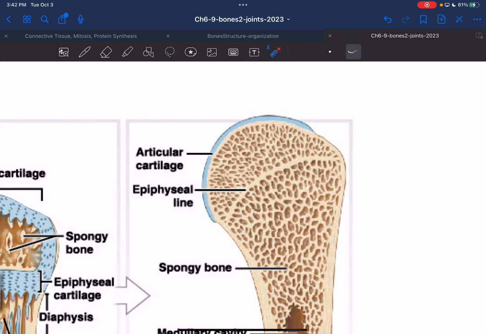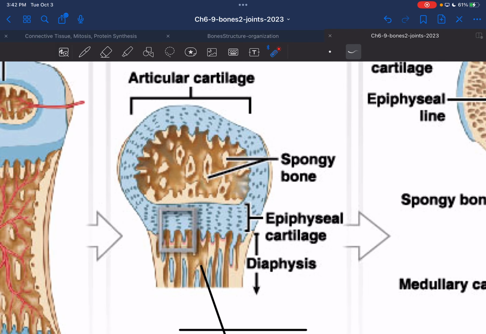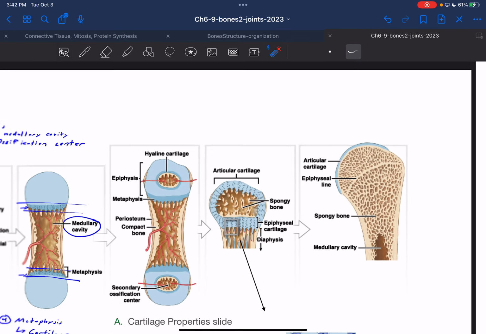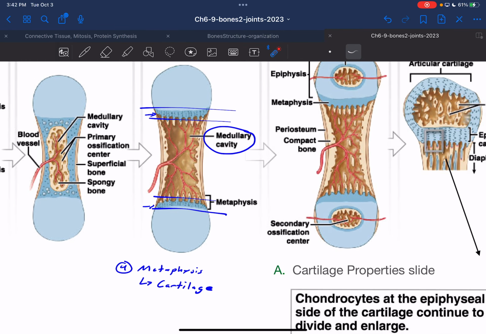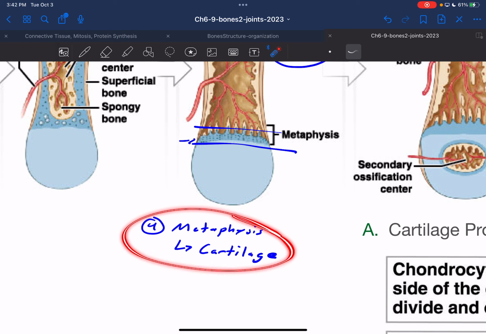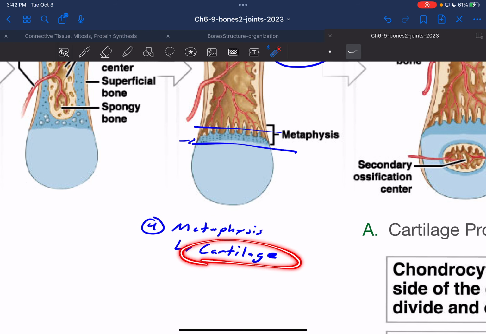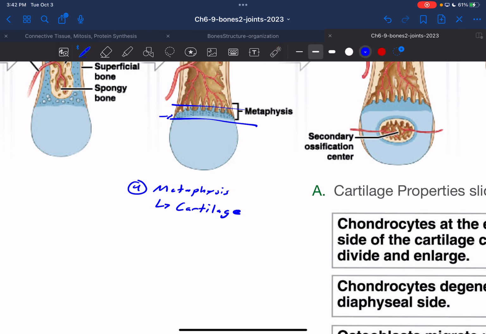And so as an adult, this is what your bones actually look like, and as you're growing, this is what they look like at that little region. And so during infancy, the metaphyses now is going to start making sure that we have a specialized area of cartilage for growth.